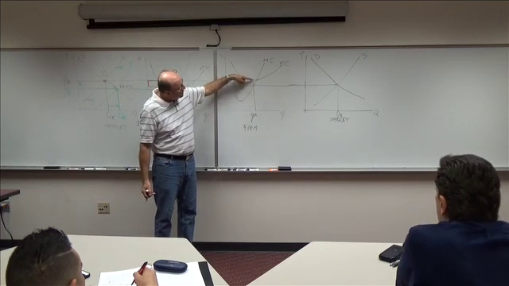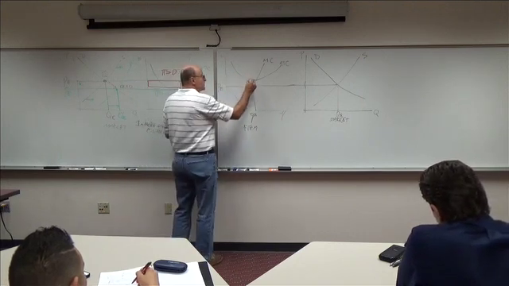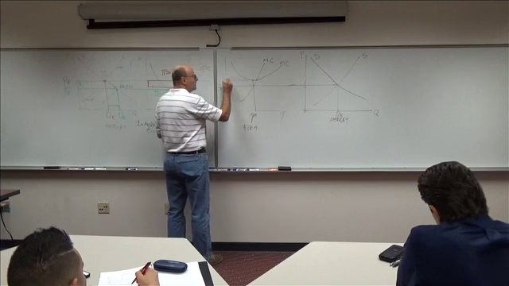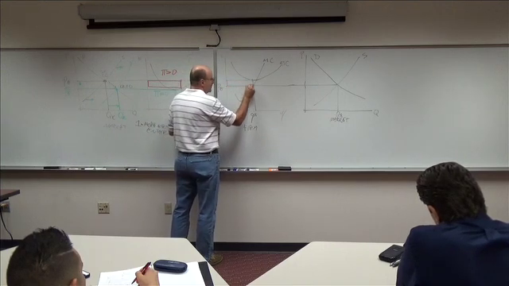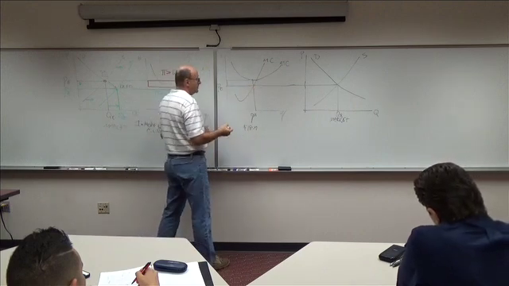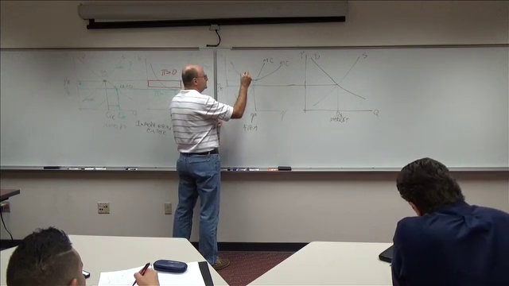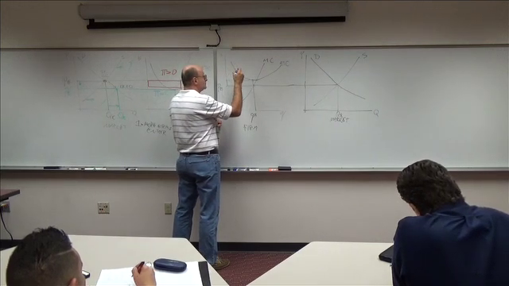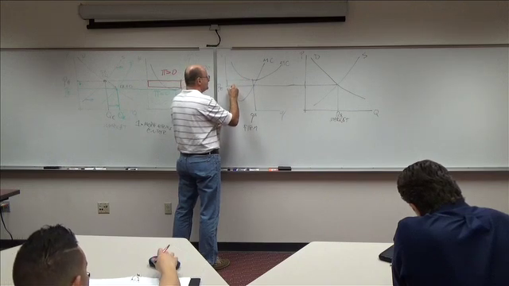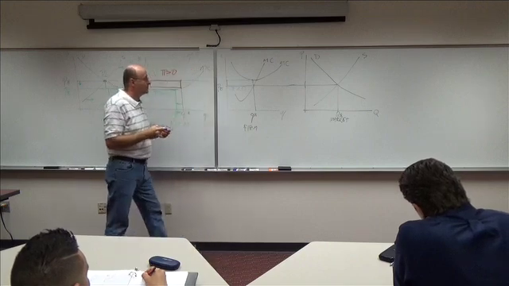Production of an average unit costs more than the firm is selling it for. So the firm is generating what? Economic loss or negative economic profit, correct? So there is negative economic profit.